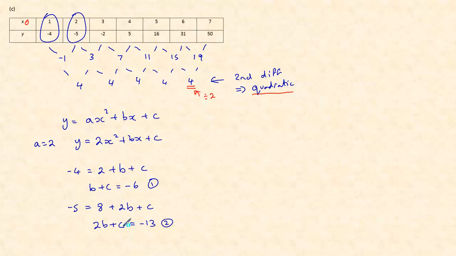So that, take away that, is b, and negative 13 take away negative 6 is negative 13 add 6, so that's negative 7. And then if we substitute in here, that must mean that c is equal to 1. Negative 7 add 1 will be negative 6. So we get that y is 2x squared minus 7x plus 1.